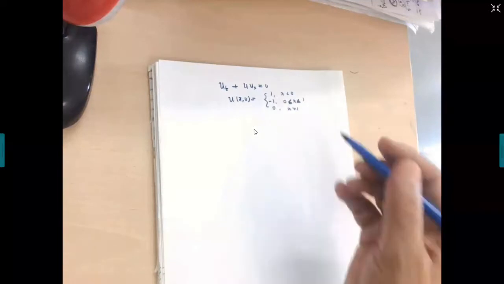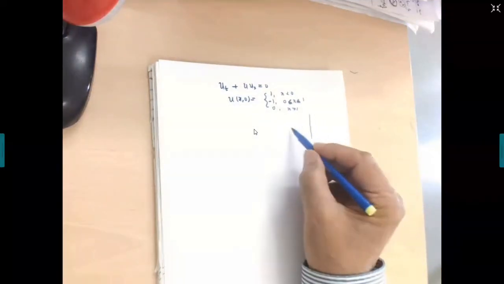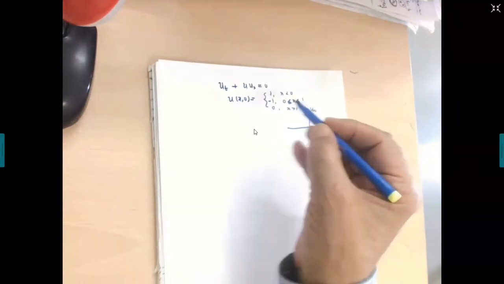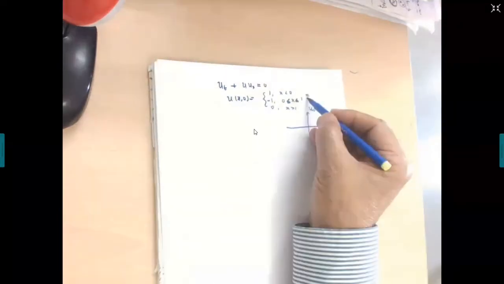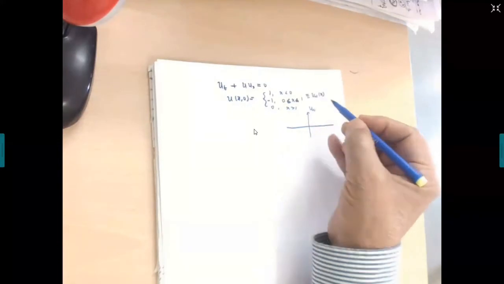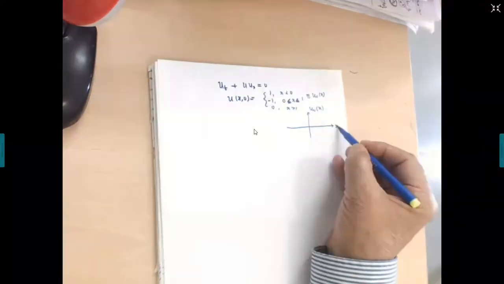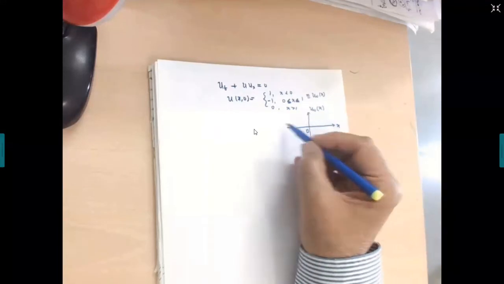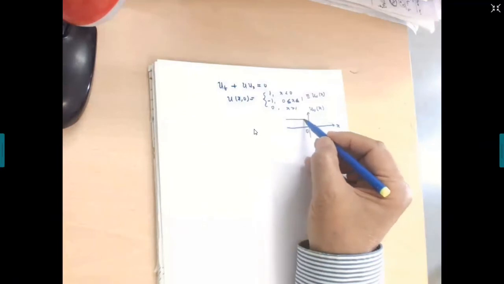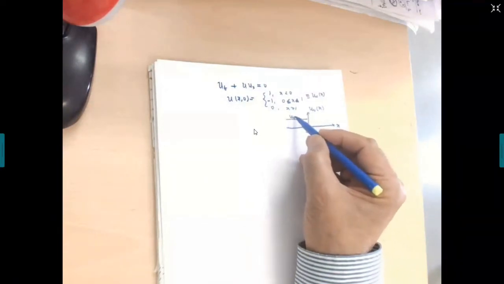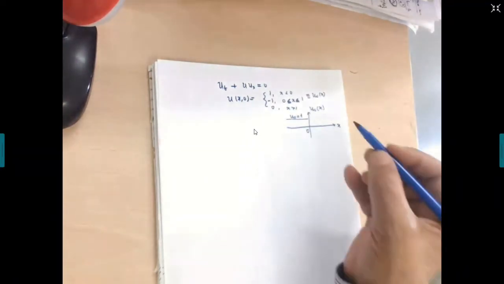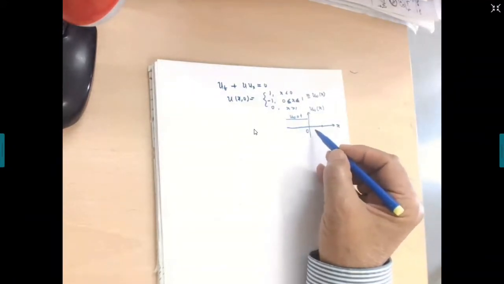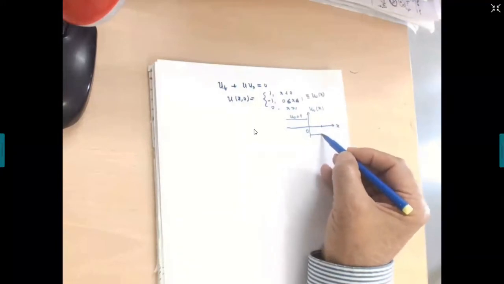So let us look at the initial profile. This is your u naught of x versus x. This is 0. When x is less than 0, on the left, it is 1. From 0 to 1, u naught of x is minus 1.